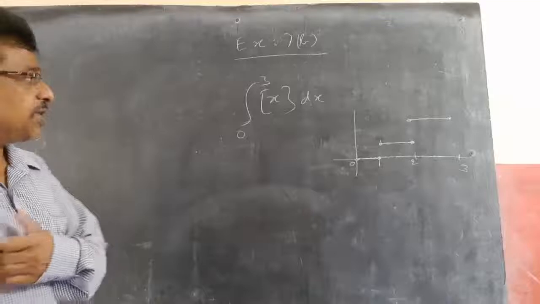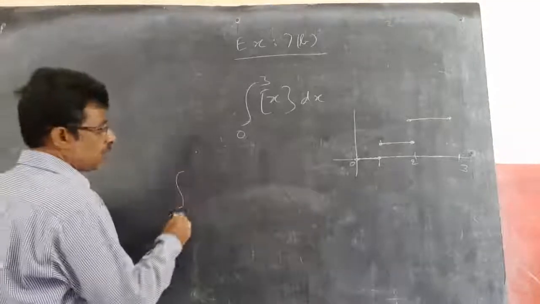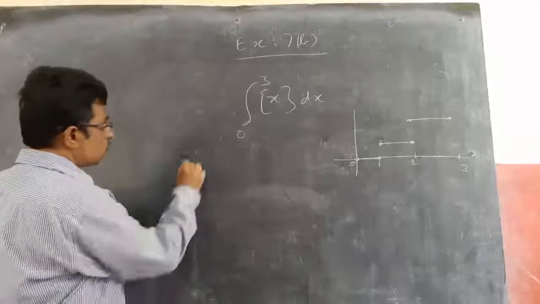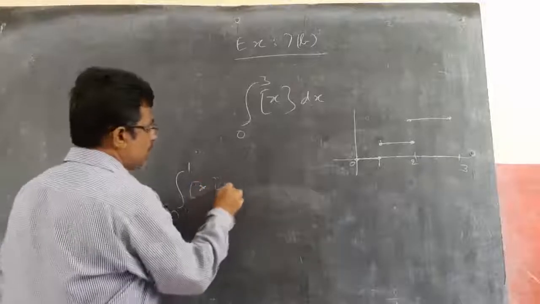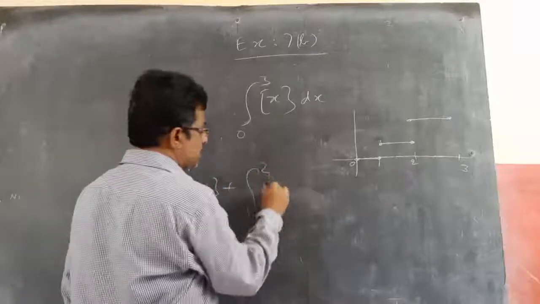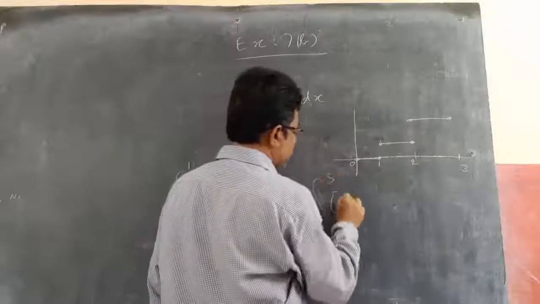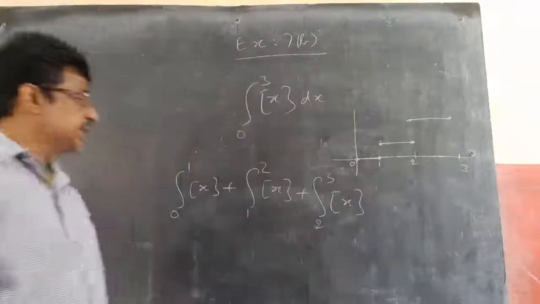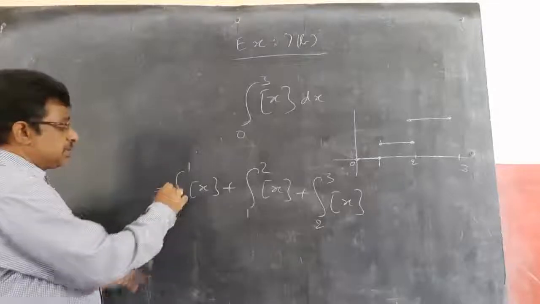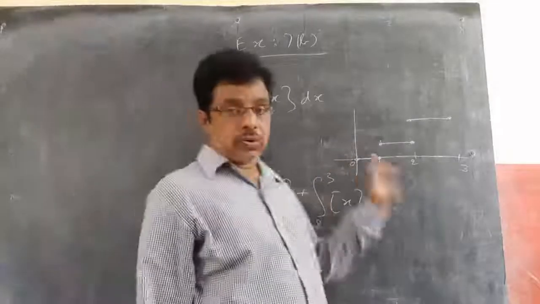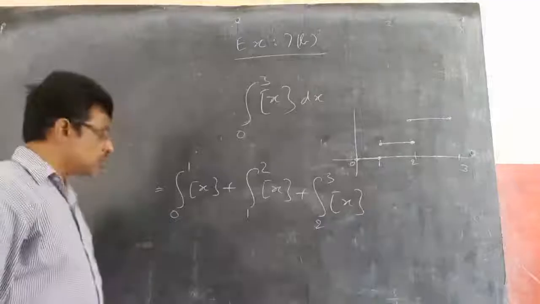So at particular points it is discontinuous. So I can split into 3 parts: 0 to 1, 1 to 2, 2 to 3.